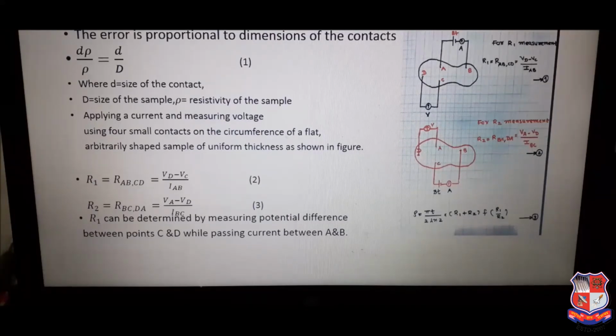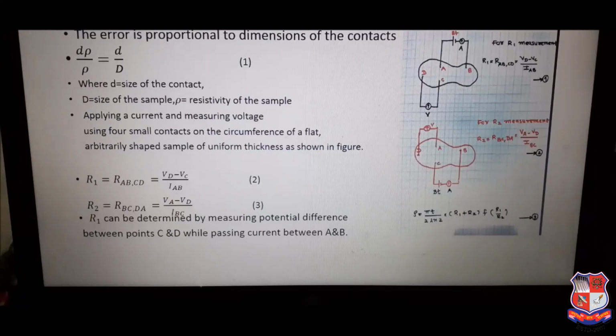If there are only 2 contacts, you will say R is equal to V by I. Now there are 4 contacts, so we have to say that R1 is equal to VD minus VC upon I_AB. Current is passing through contacts A and B, and because of this current, potential is dropped across points C and D. So the equation becomes R1 is equal to VD minus VC upon I_AB. Let's call this equation number 1.